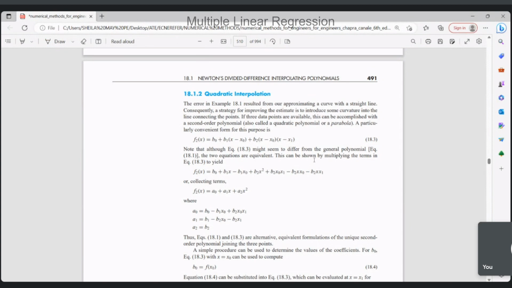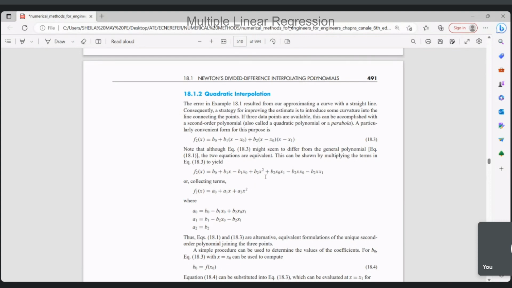This can be shown by multiplying the terms in equation 13 to yield this one. B sub 0 plus B1x, ima distribute. B1x minus B1x sub 0 in here plus, imo pa ni siya i-distribute here class kani. Then i-distribute nimo ang imong na-acquire nga equation sa B2.